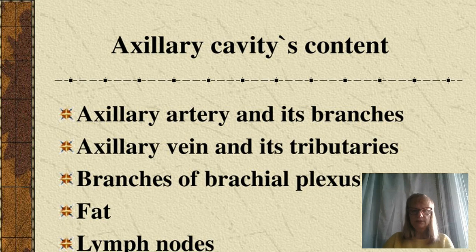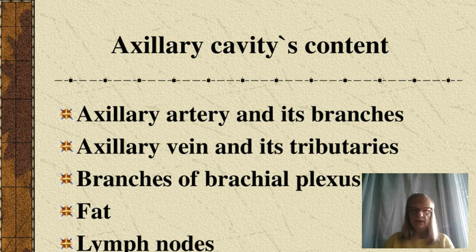Content of the axillary cavity. What do we have there? Axillary artery and its branches, axillary vein and its tributaries, branches of the brachial plexus, and some lymphatic nodes.